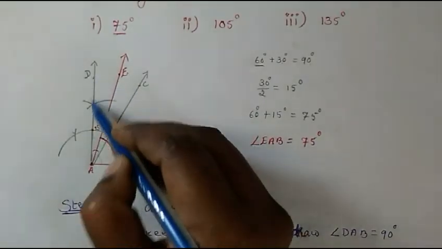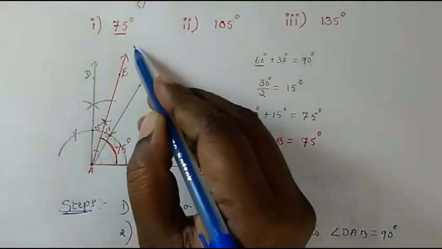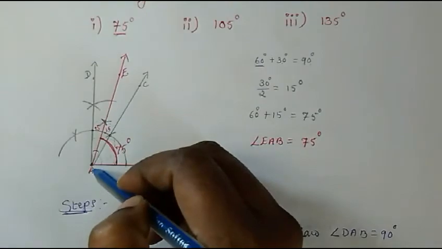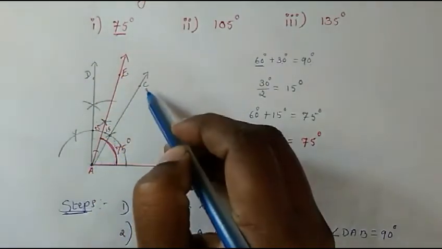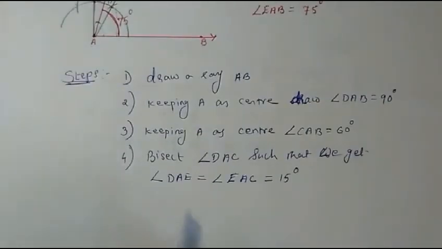See, angle DAC, we drew this bisector, so that means we are getting two angles, DAE and then EAC. So that's what I have written. So both are equal and it is 15 degree.